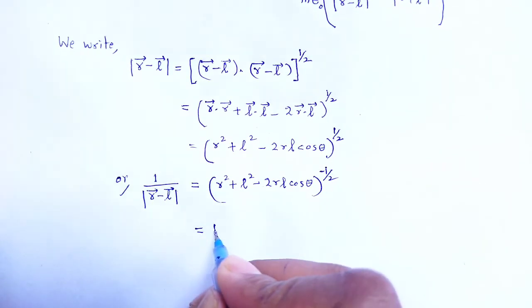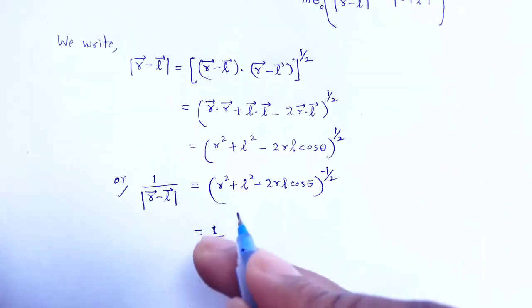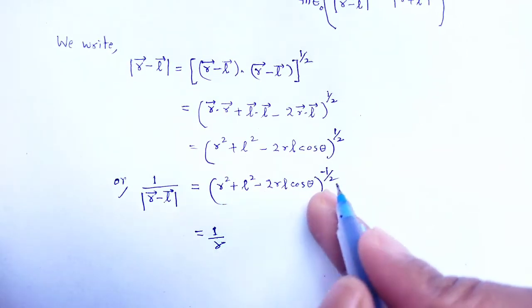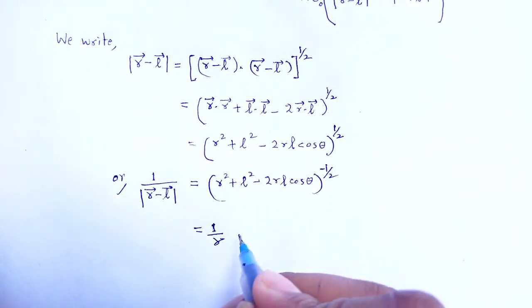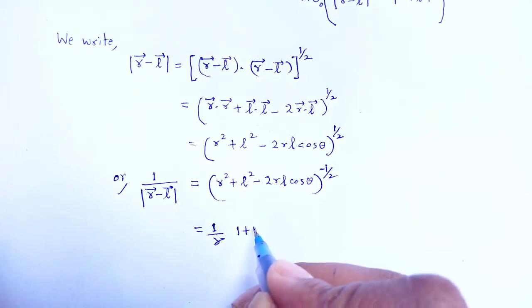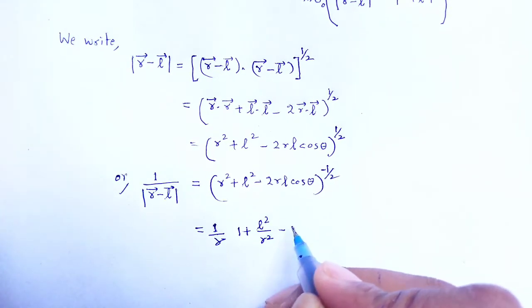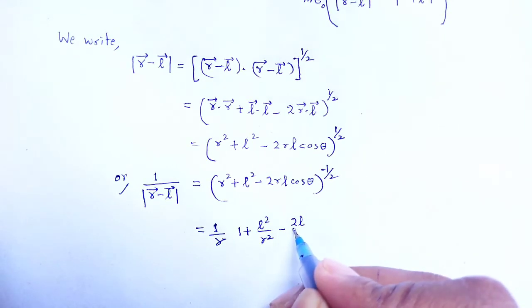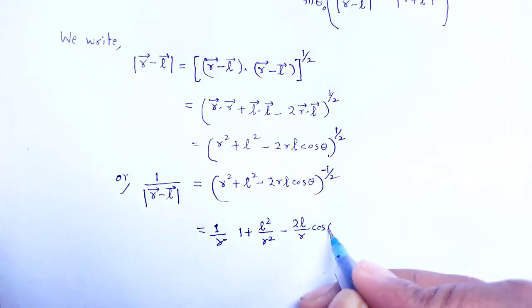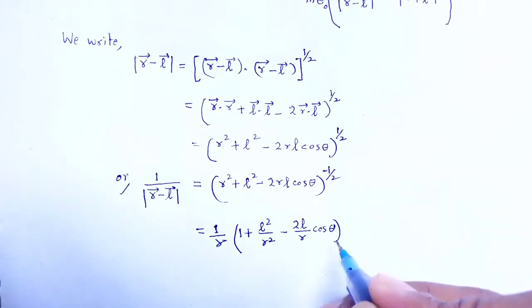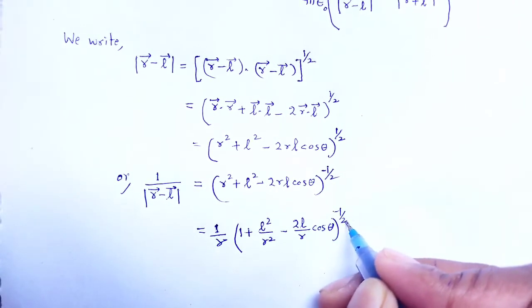So, 1 by r to that of outside. So, inside that bracket the term will be 1 plus L square by r square minus 2L divided by r cos theta, to the power minus half.